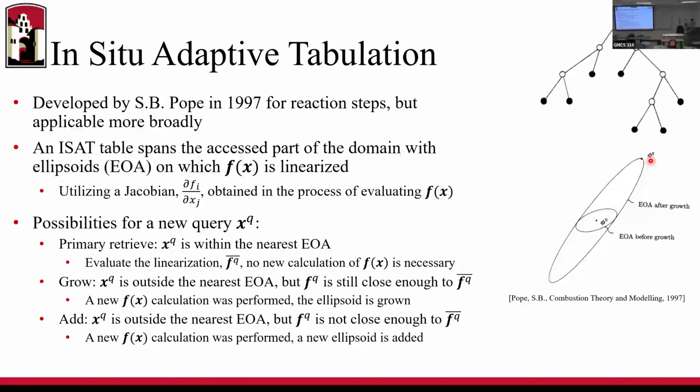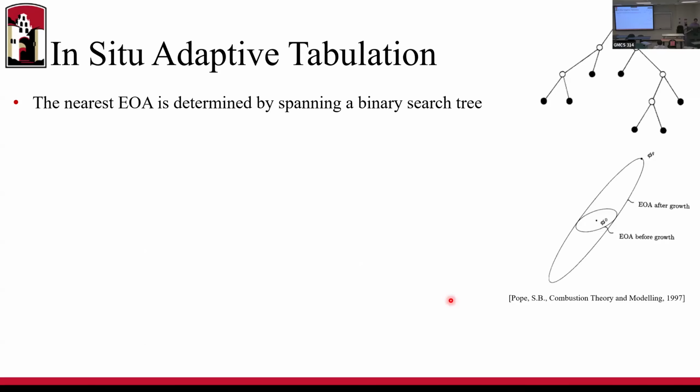Of these possibilities, the second one and the third one are the costly ones, because they involve us having to evaluate the costly function. But they also help us to increase the span of the set of ellipsoids.